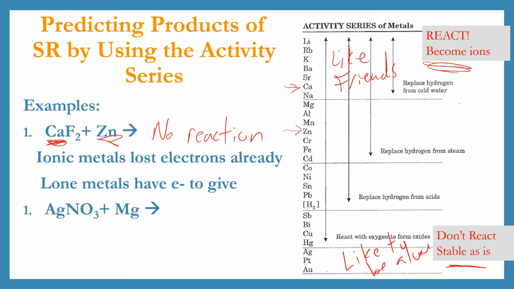Now let's do another one. So silver nitrate with magnesium. So silver is here. It is currently with a friend. It is currently in a compound, and magnesium is up here, and it is currently by itself. Up here likes to have friends. So compared to silver, magnesium is definitely the one who would prefer to have the nitrate. So we would make that plus silver.